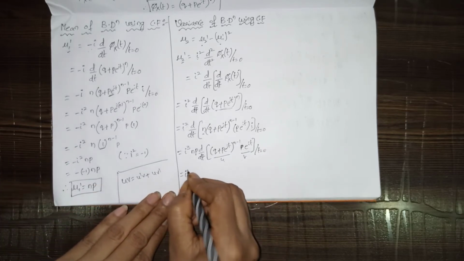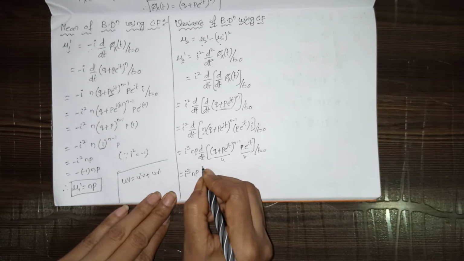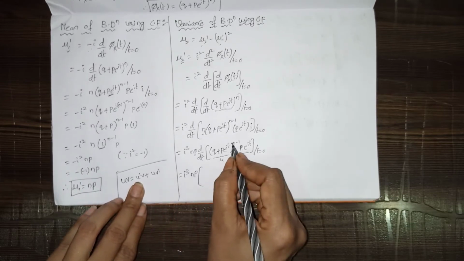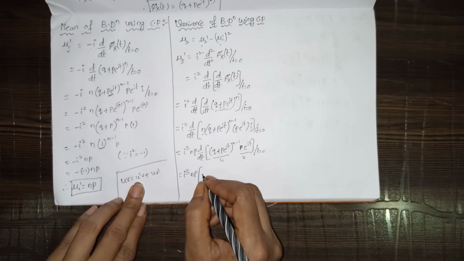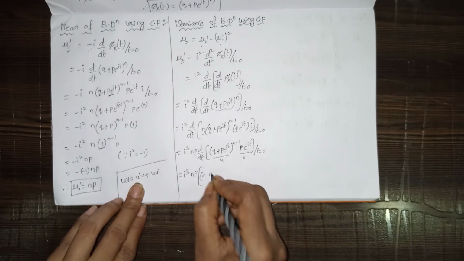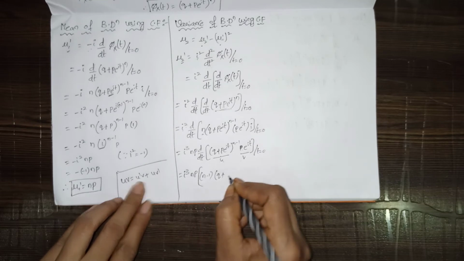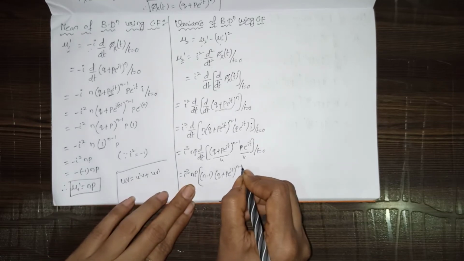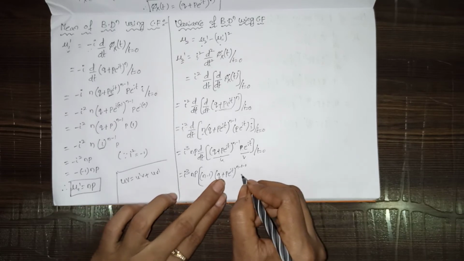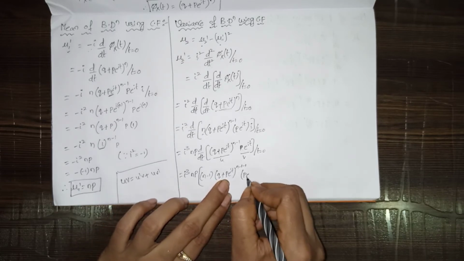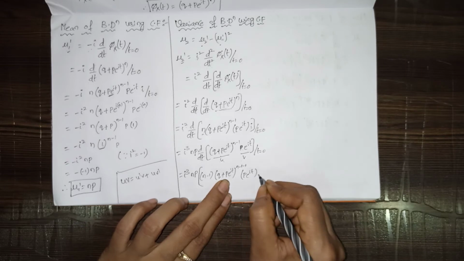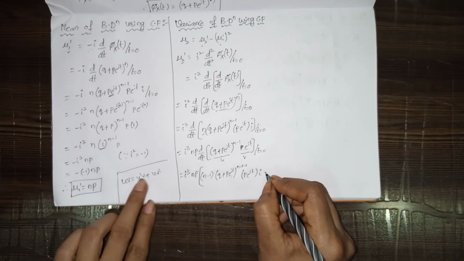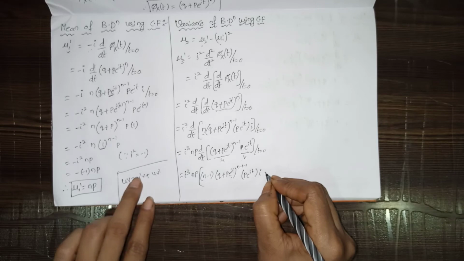So i cube into np into u dash we are doing. So x power n is of the form x power n, so n minus 1 into q plus p e power it whole power n minus 1 minus 1, into p into e power it into i, into u, v dash we did, here u dash we did.